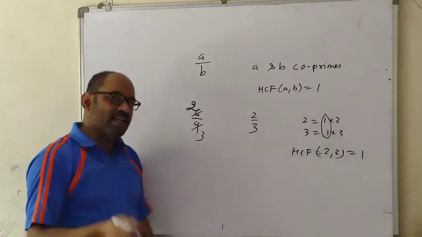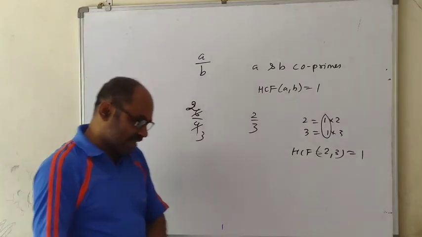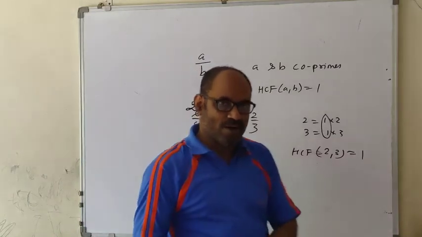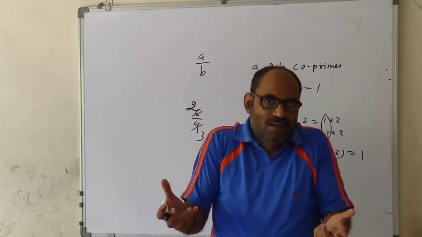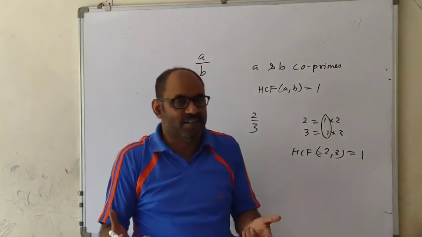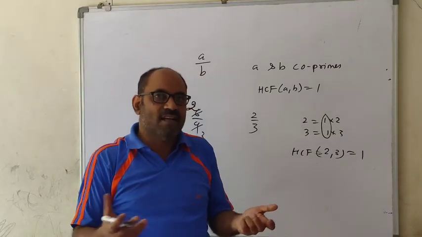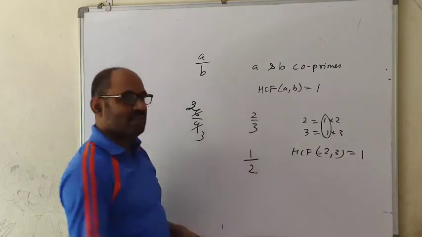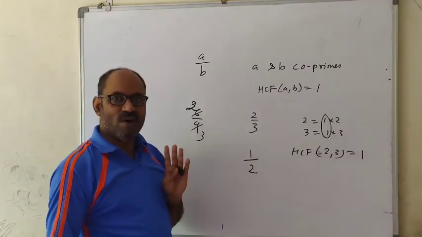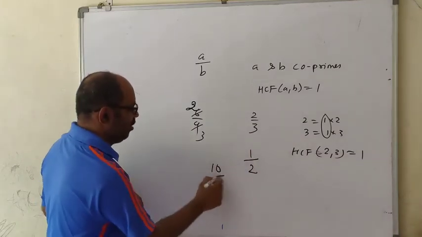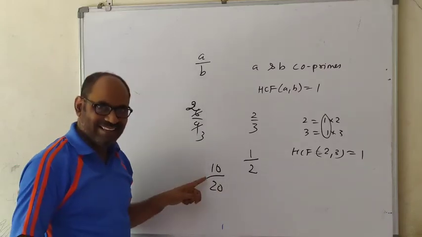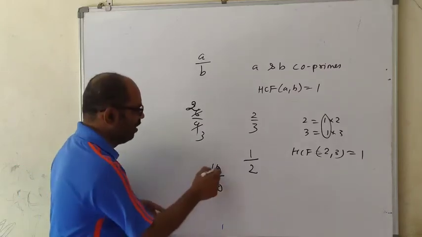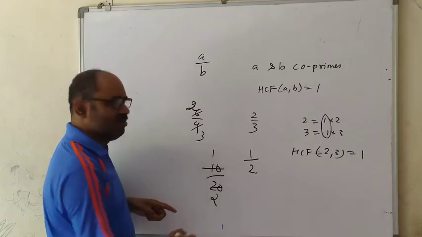Children, if someone asks how much apple do you want? Your mummy removes one apple from the refrigerator and asks, how much apple do you want? You will say half. Means make two equal parts and give one. Will you say 10 upon 20 parts? Will you say that? Give me half. This also means half only. 10 ones and 10 twos, it's half only.